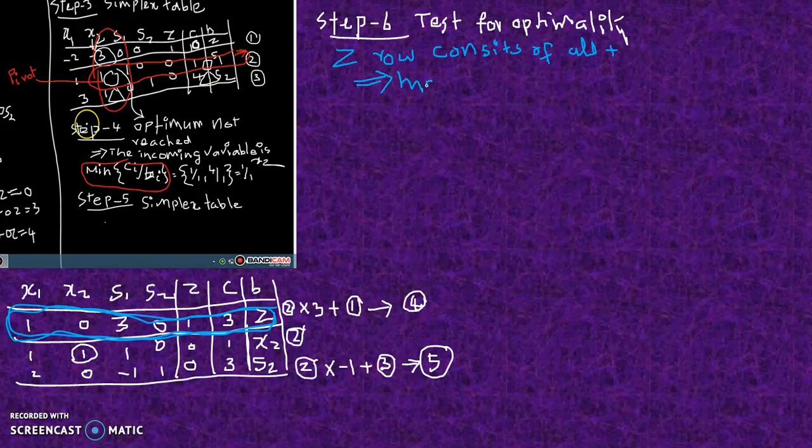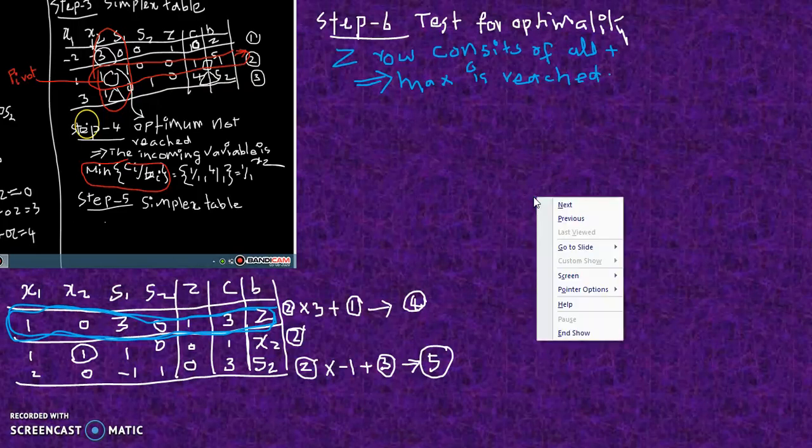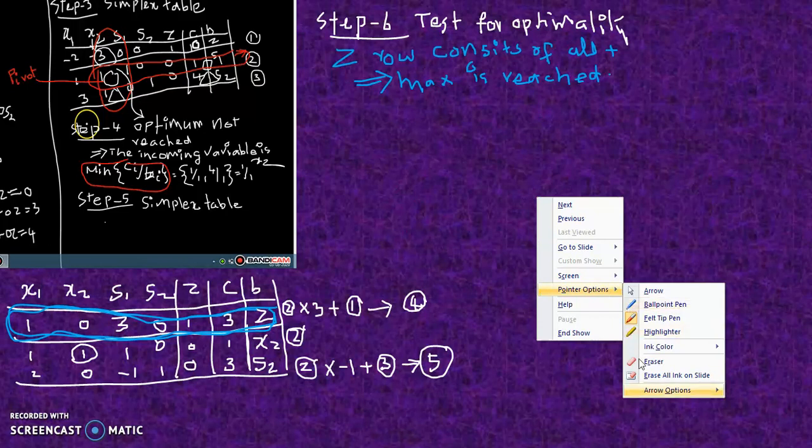Maximum is reached means optimum is reached. That's what we have to understand. Now, if that is the case, then what is the solution for us?